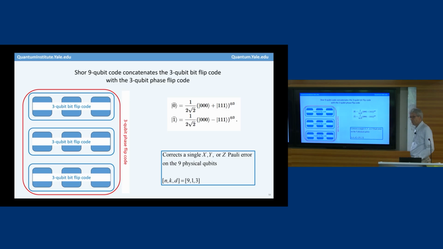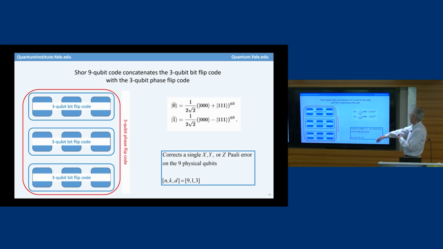So what does that mean, 0 bar, 1 bar? That just means 0 logical and 1 logical. I copied this out of something that used a different notation. So remember, the logical operators are XXX and ZZZ. So if I have 3 errors, that's just a logical operator applied to my system. It looks like no errors, but now I'm wrong.